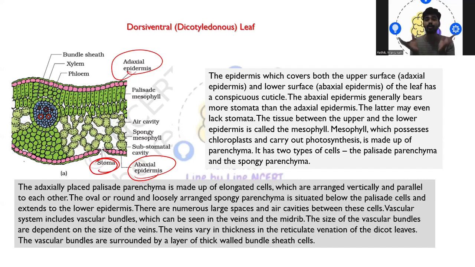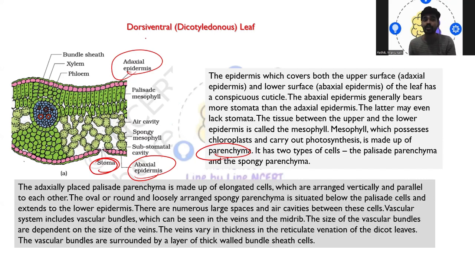Stomata is a region where opening and closing takes place. Between the abaxial and adaxial epidermis there is a mesophyll region, which possesses chloroplasts, and chloroplasts carry out photosynthesis. This mesophyll is made up of parenchyma cells.